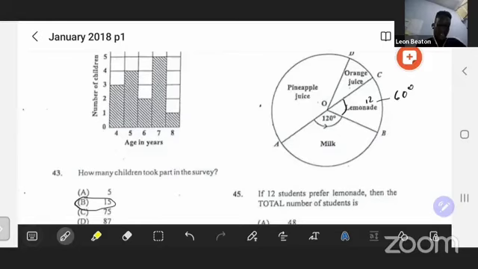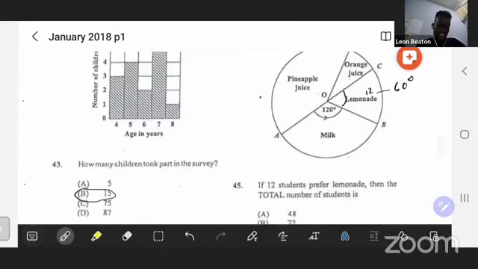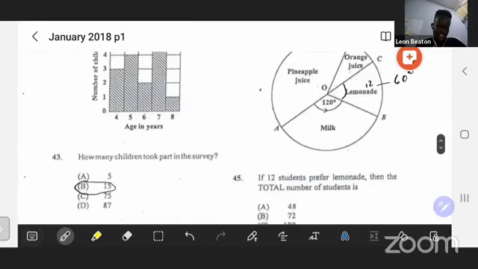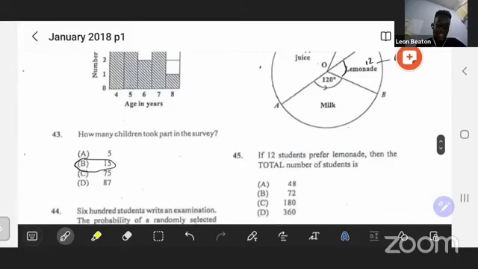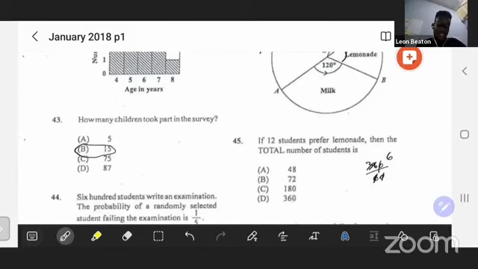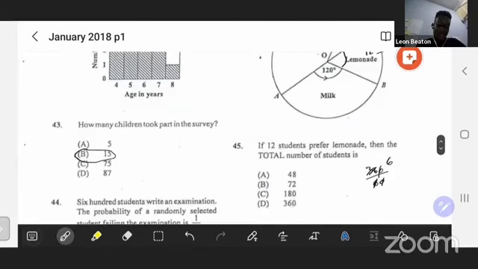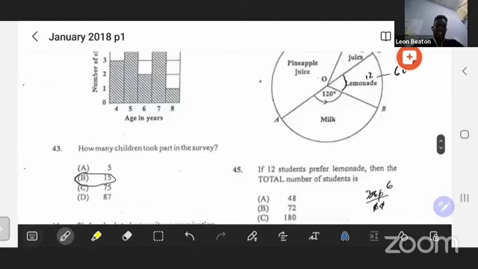So to find the total number of students, we know 60. How many 60s are there in 360? 360 divided by 60 is 6.